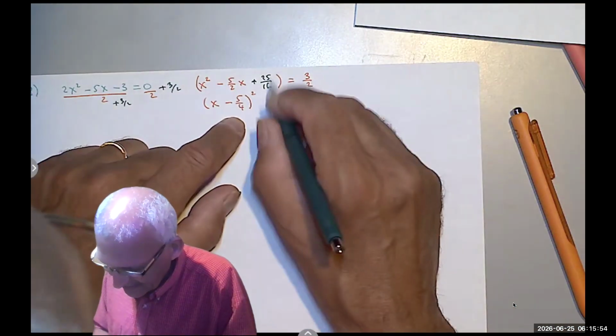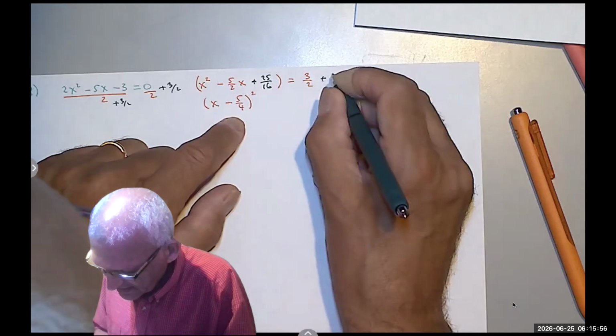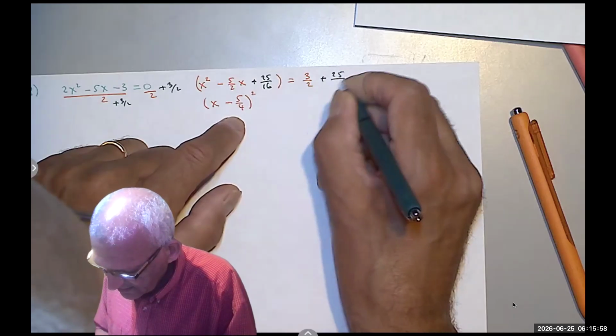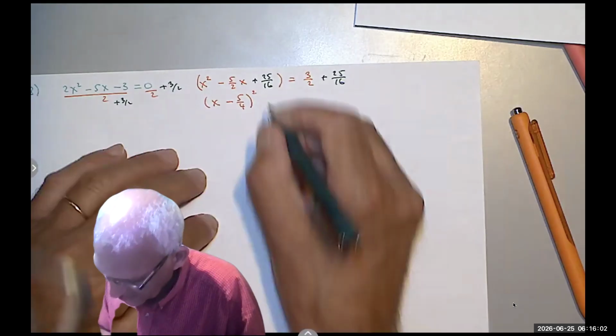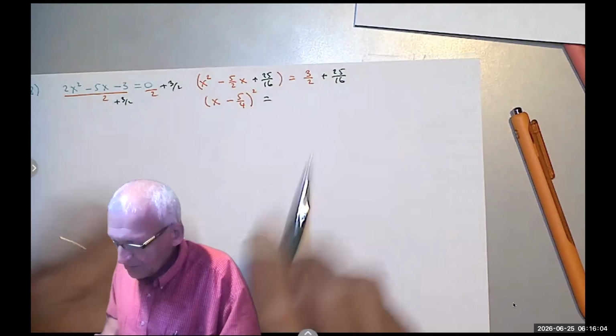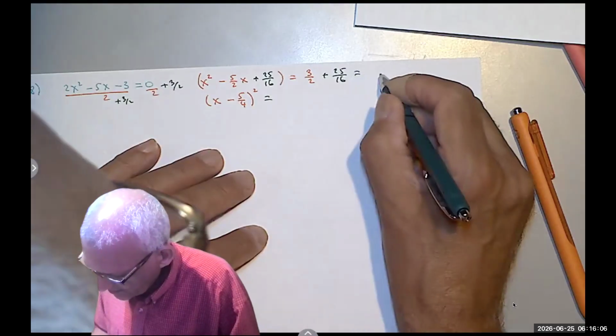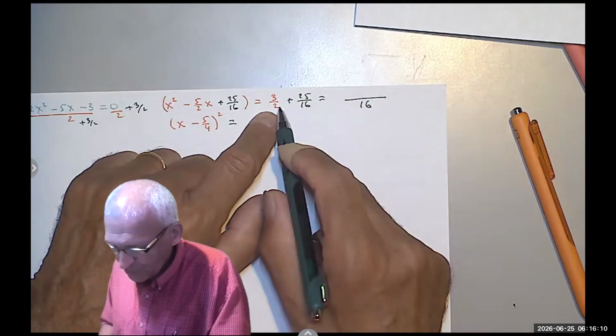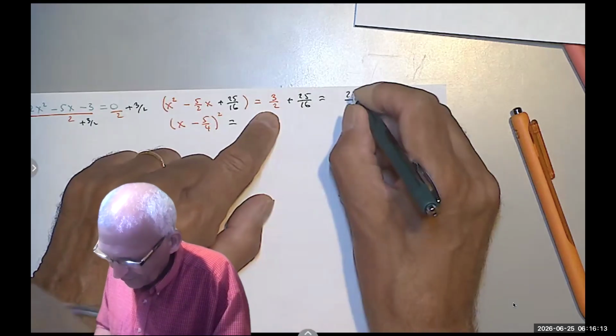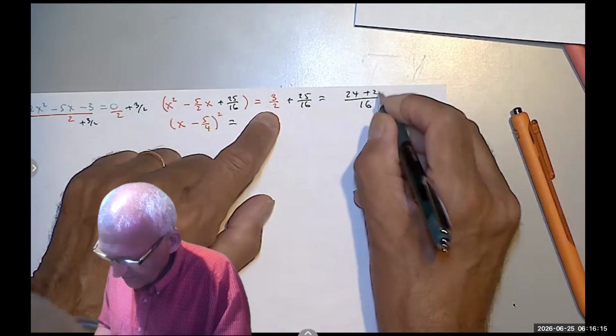But since I added 25 16 here, I added here also. So I have an equation. Now I will take a common denominator of 16, and I say 16 over 2 is 8 times 3 is 24 plus 25.